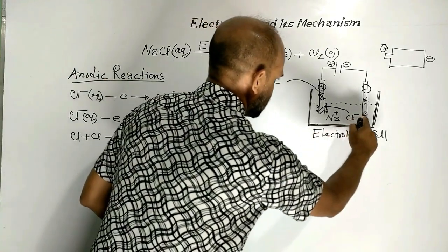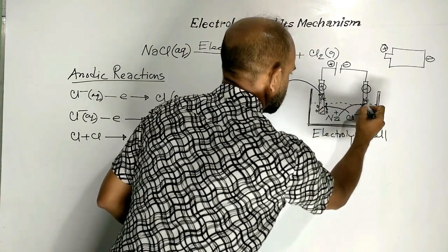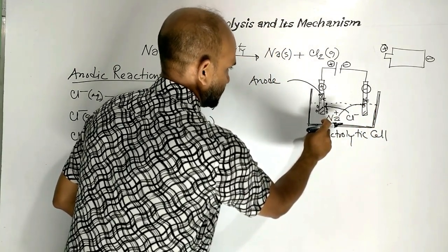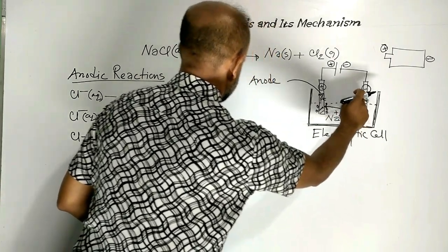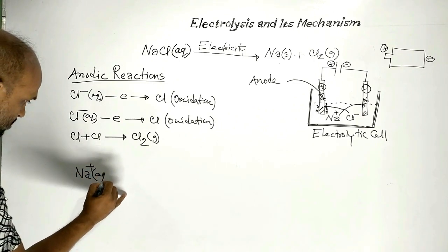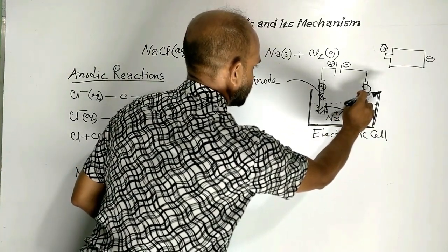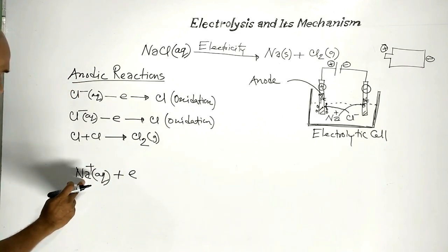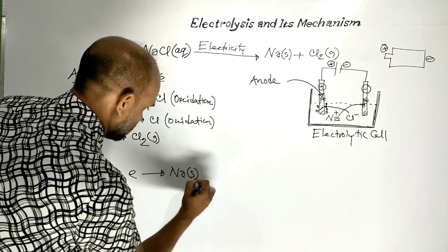Now, let us see what reactions occur at the cathode. This is positive in charge, electronically deficient, and this is negative in charge, electronically rich. Sodium ions will move towards this metallic bar, which is negative in charge, and there sodium ions will receive electrons to form solid sodium metal.